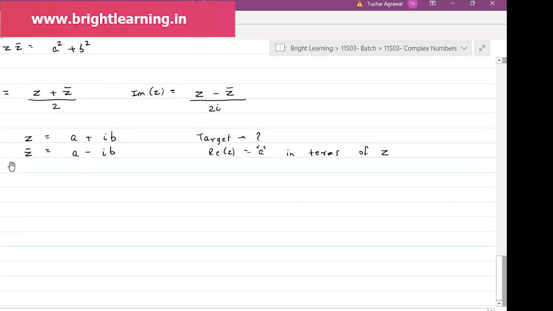Just that only I did. Think of this as equation 1, think of this as equation 2, and I want to find the value of A. So Z plus Z bar, if I just do the addition, it will become 2A. Just divided by 2, I get A, which is real part of Z. Correct?